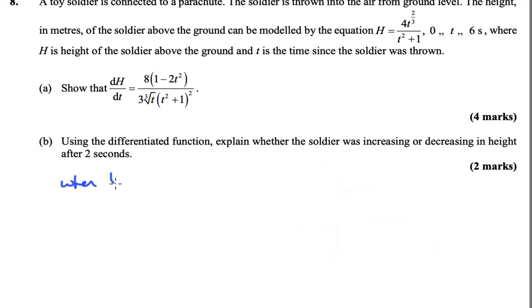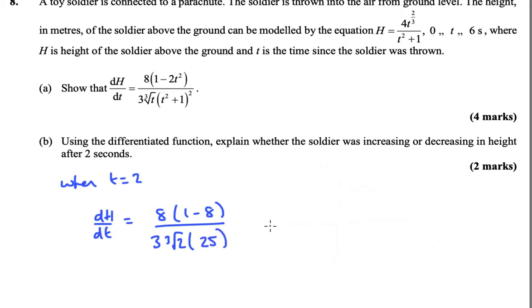So when t is 2, dh by dt is equal to, what's that going to be? 8 over 3 lots of the cube root of 2 times 25. Well, the top's negative, the bottom's positive, so it's going to be a negative answer, but I'm guessing we need to get the true answer.